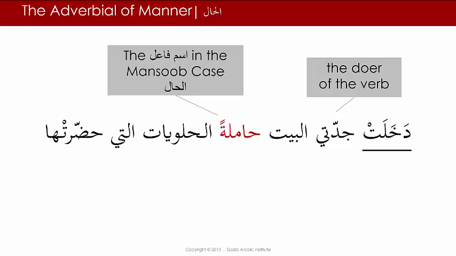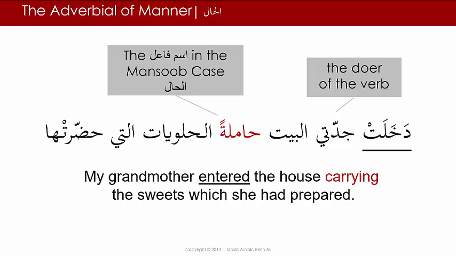So here we have jaddati, my grandmother, is carrying. دخلت جدتي البيت حاملة الحلويات التي حضرتها. My grandmother entered the house carrying the sweets which she had prepared. So that carrying is taking place at the same time as the entering and indicates the state of the grandmother while she's entering.